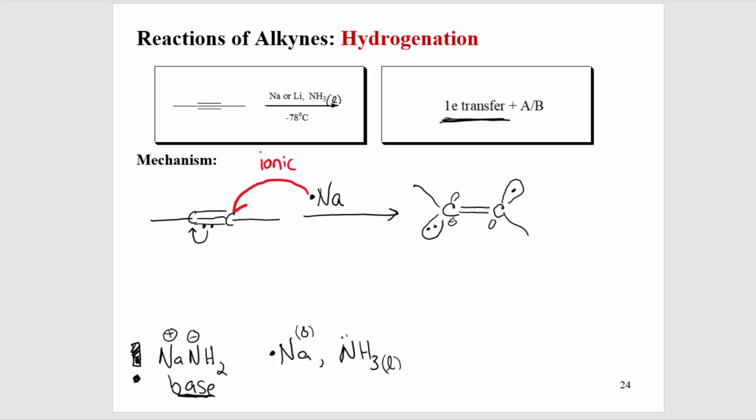Now this is in equilibrium with the other geometry. But you'll notice that of these two, they're in equilibrium. The CH3s both being on the same side is not a good scenario due to steric hindrance.